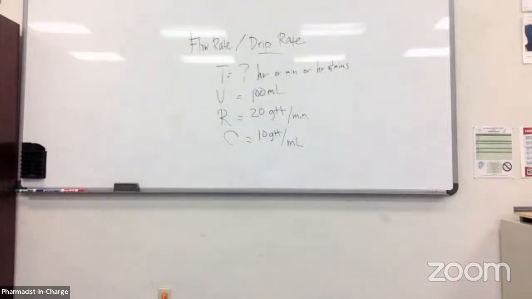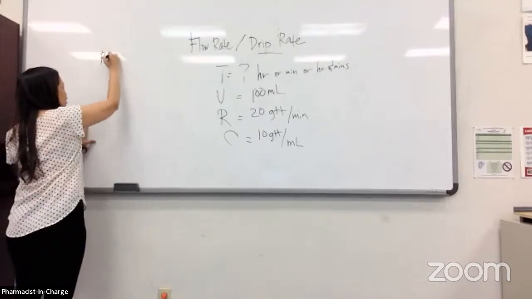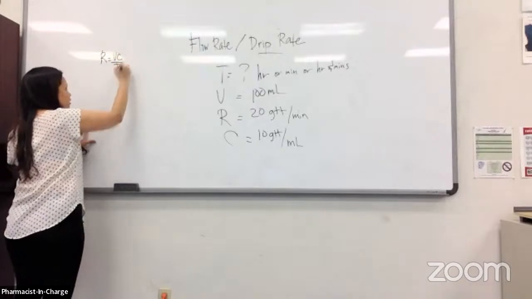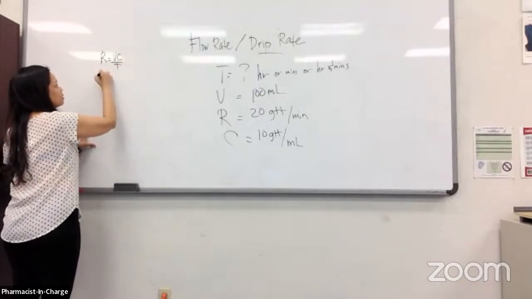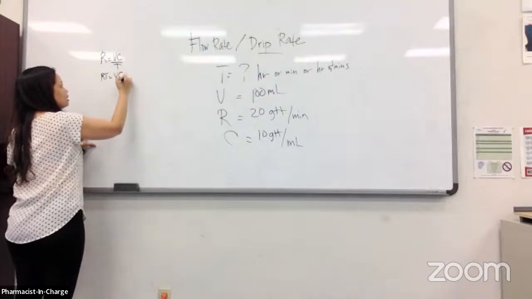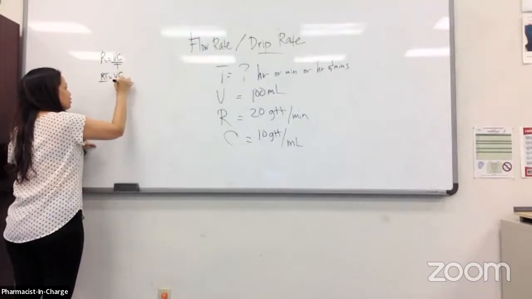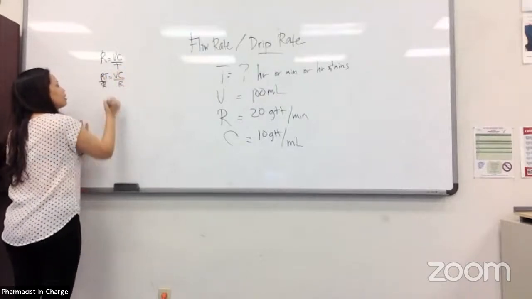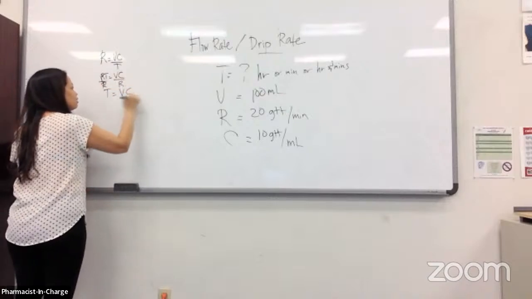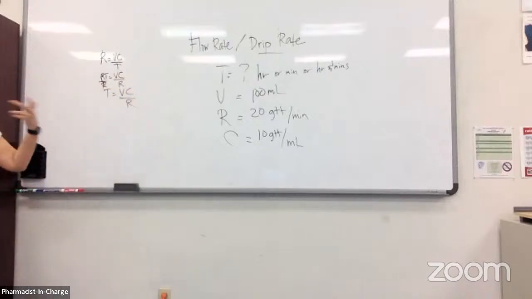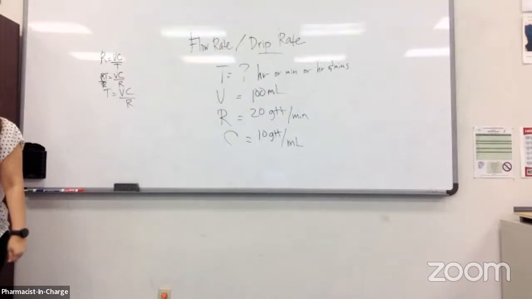Okay, I know the T is missing. To those of you who understood what I did transposing, again, R equals VC over T, correct? I need the time, so this becomes RT equals VC. I need to divide both sides by R, so I'm left with T equals VC over R. Isn't it going to be easier for me to plug in the numbers?